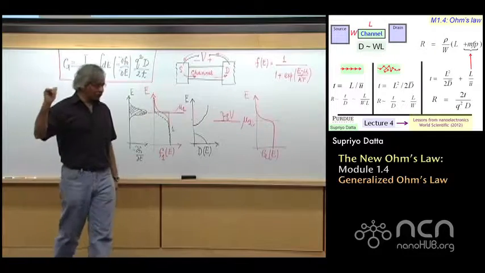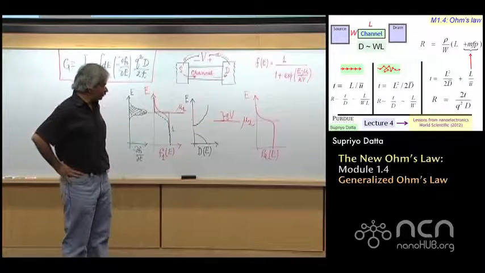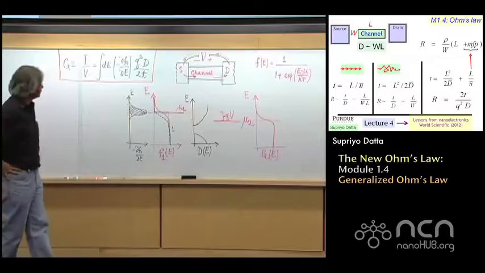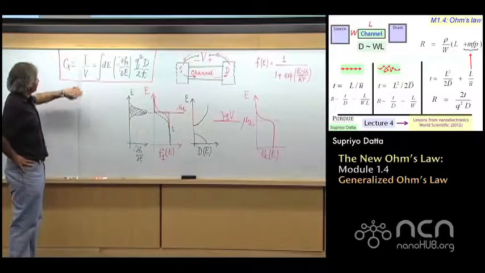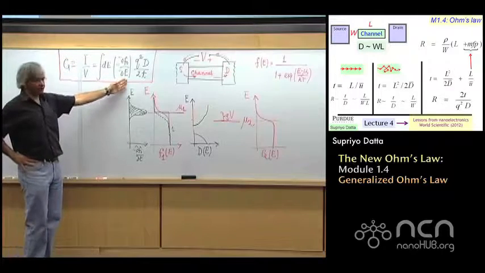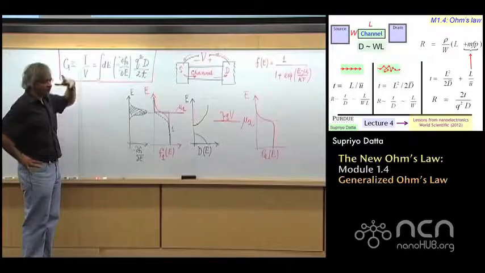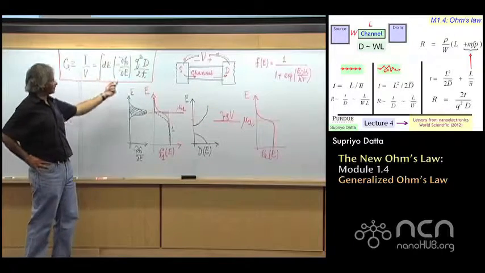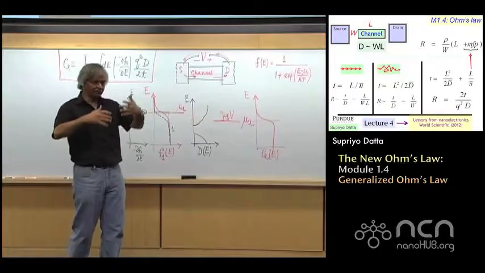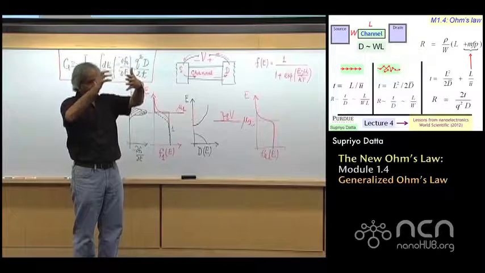Welcome back to week 1, and this is module 4. What we did in the last module is we obtained an expression for the conductance, and that's this expression you see here. Physically, the way you think about it is you have all these energy levels available for electrons to flow.